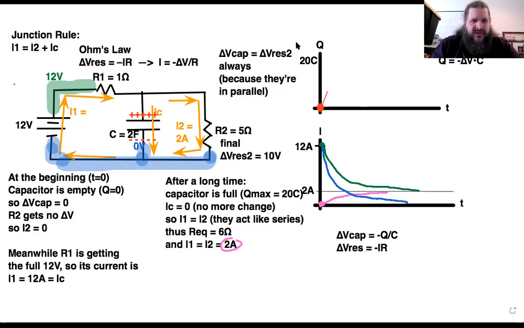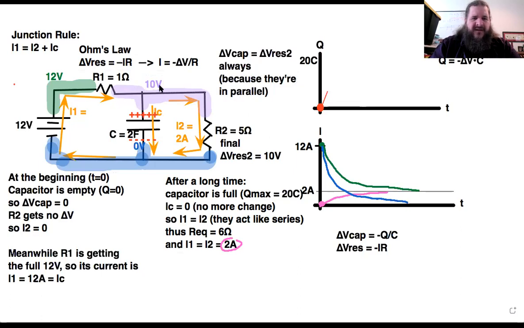In fact, using this highlight notation that we've been using, we could even label this region now. We know resistor 1 is getting 2 amps of current and 1 ohm of resistance. So it's going to have a voltage drop of minus 2 volts. 12 volts minus 2 volts is going to be 10 volts.